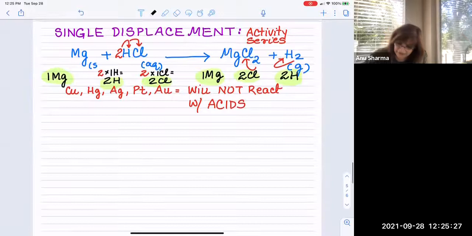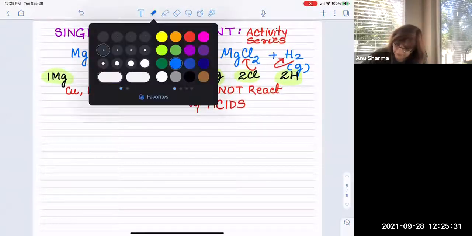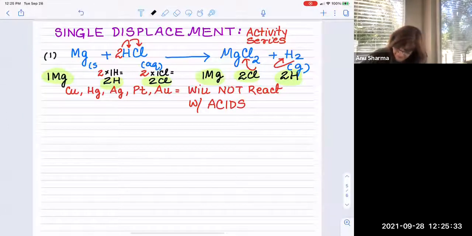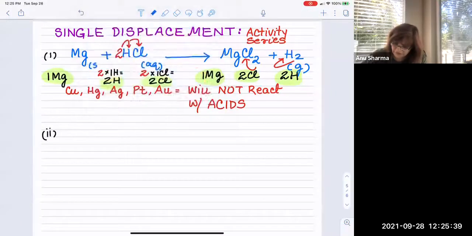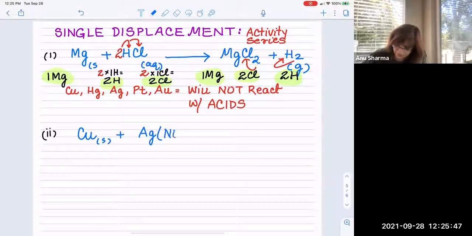Another single displacement is, for example, this is one example, and this is another example. We have copper reacting as a solid with silver nitrate, AgNO3. What does copper do?